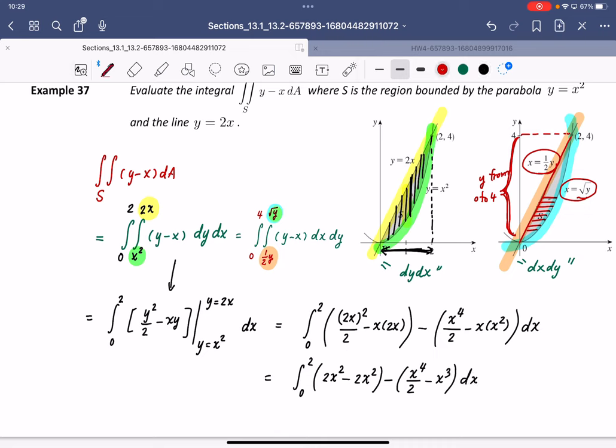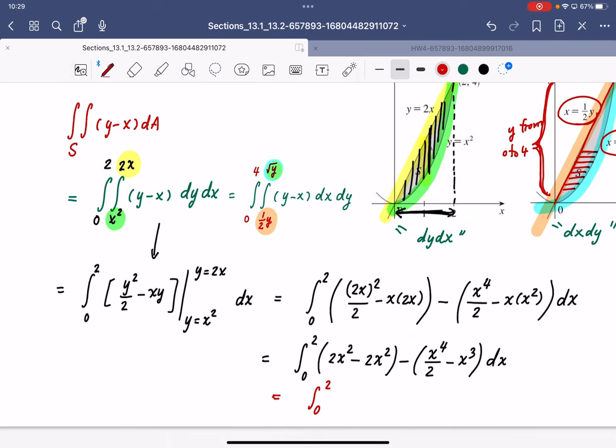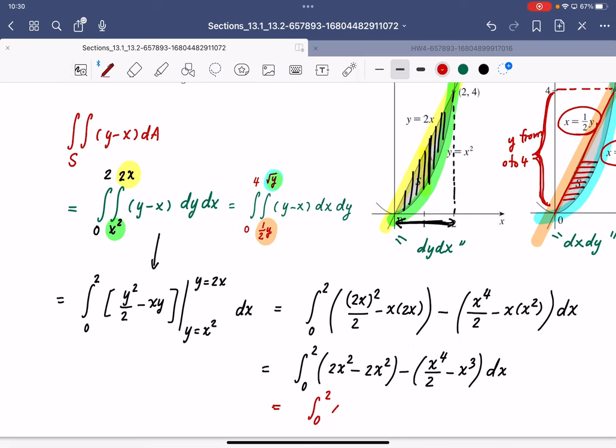So 2x squared minus 2x squared is 0, and all you have left is the integral from 0 to 2 of x cubed minus x to the 4th power over 2 dx.